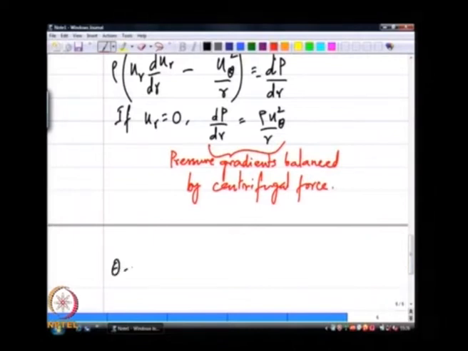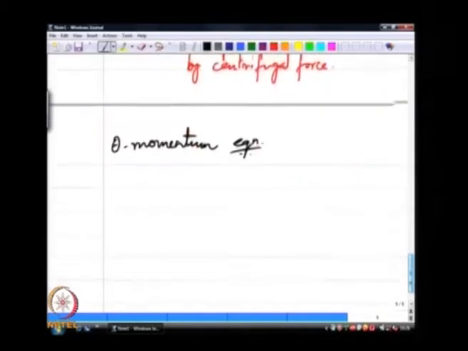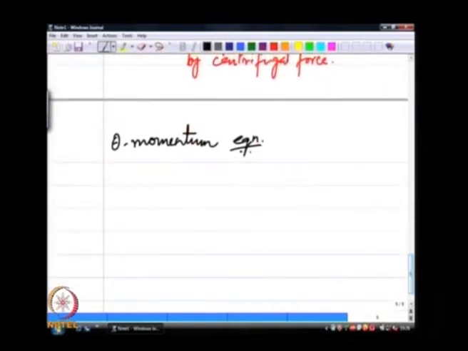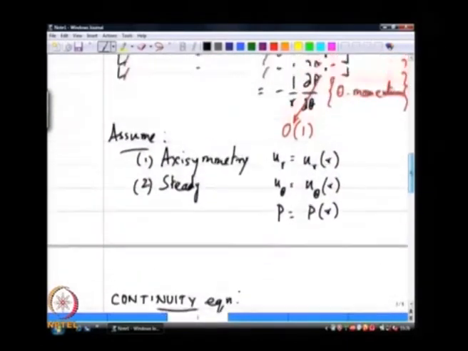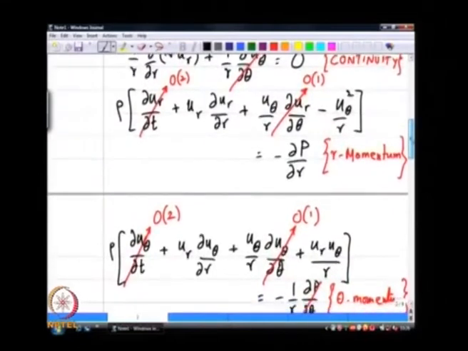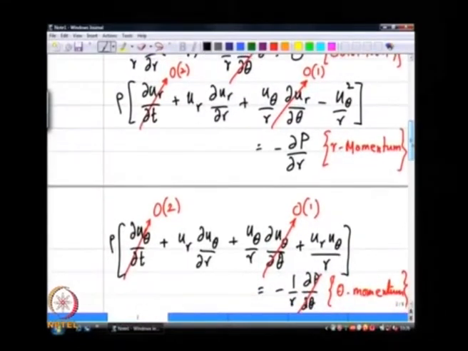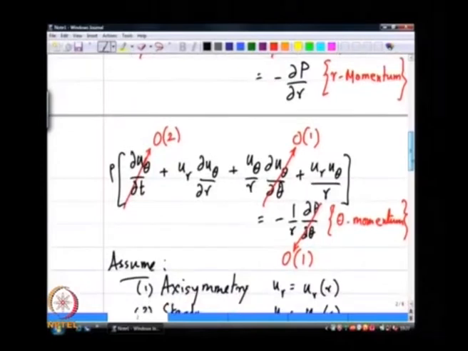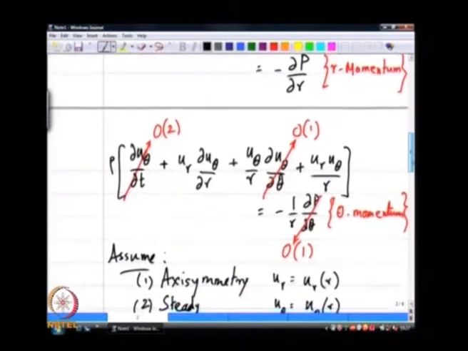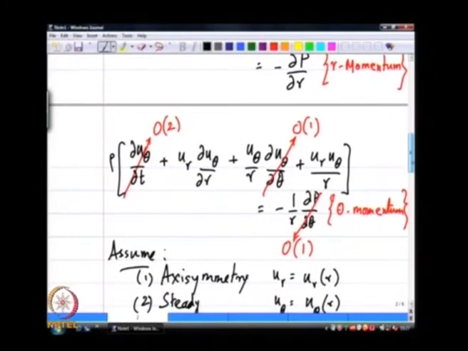Now, if I take the theta momentum equation and take the terms that I still have remaining, u r d u theta d r plus u r u theta over r equal to 0.